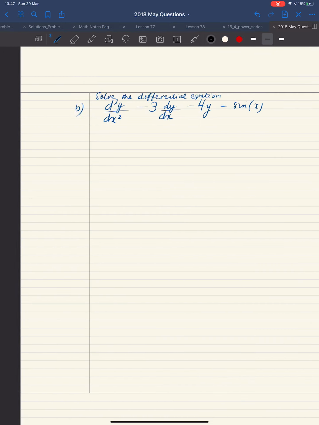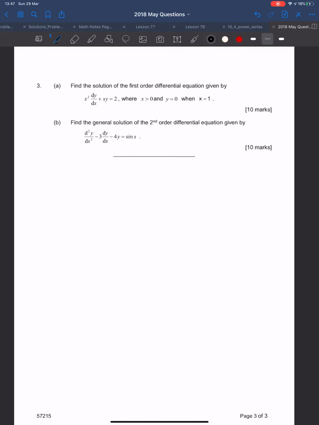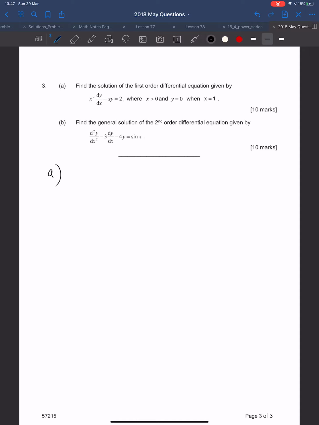Okay, differential equations. Part B is over there, so I'll do part A here. Find the solution of the first order differential equation given by that. The first thing we've got to do is observe that we've got a coefficient of dy by dx, and that's got to be 1. So we need to divide everything by x squared.